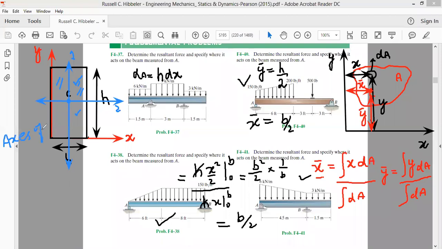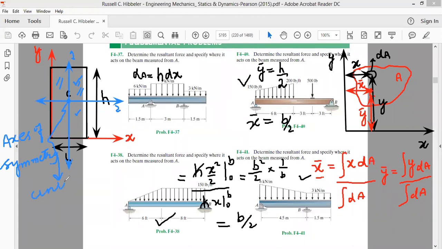This is important. These two axes are called axes of symmetry because they symmetrically divide our area, and the point of intersection of these axes of symmetry is our centroid.